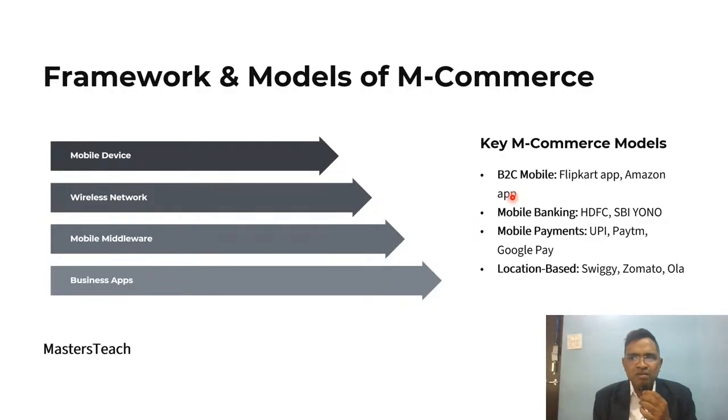Business to consumer, for example the Flipkart app and Amazon app, mobile banking like HDFC, SBI, and then UPI. Then location based, like Swiggy, Zomato, Ola, something like that.